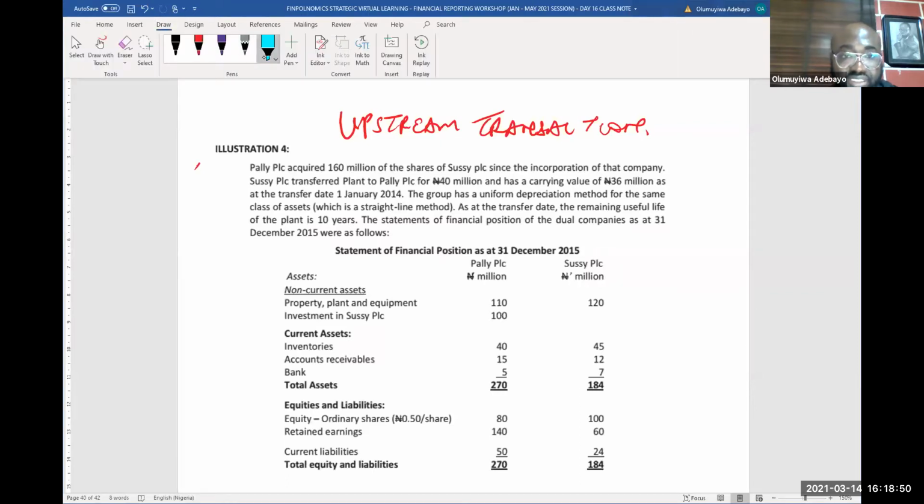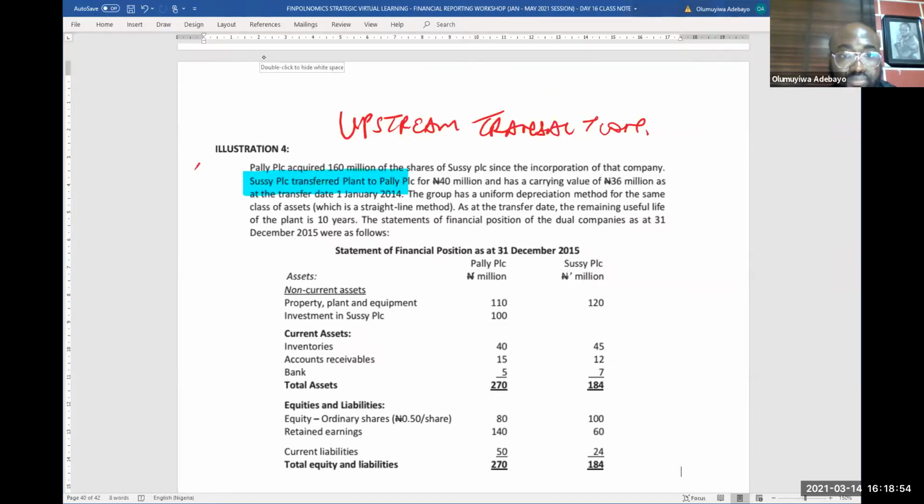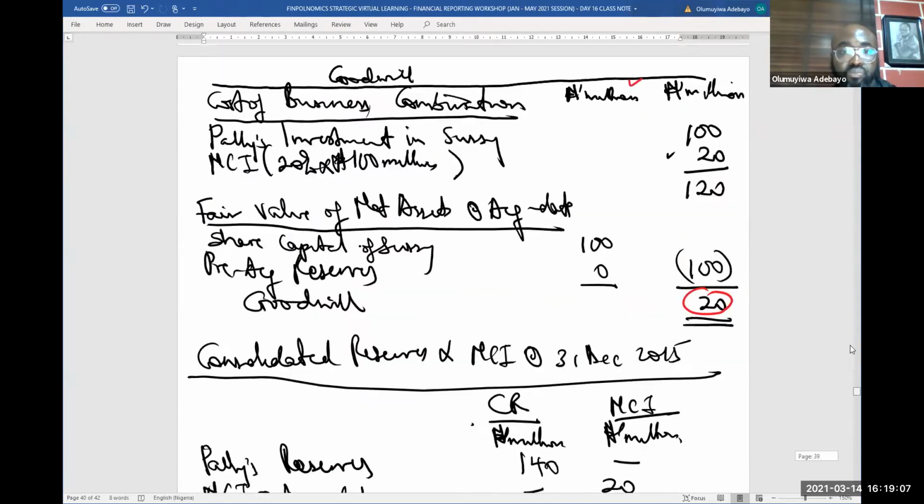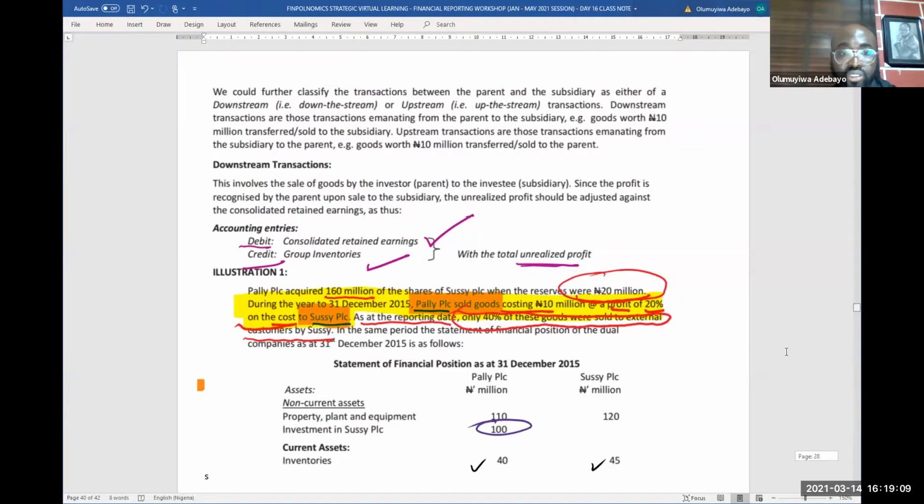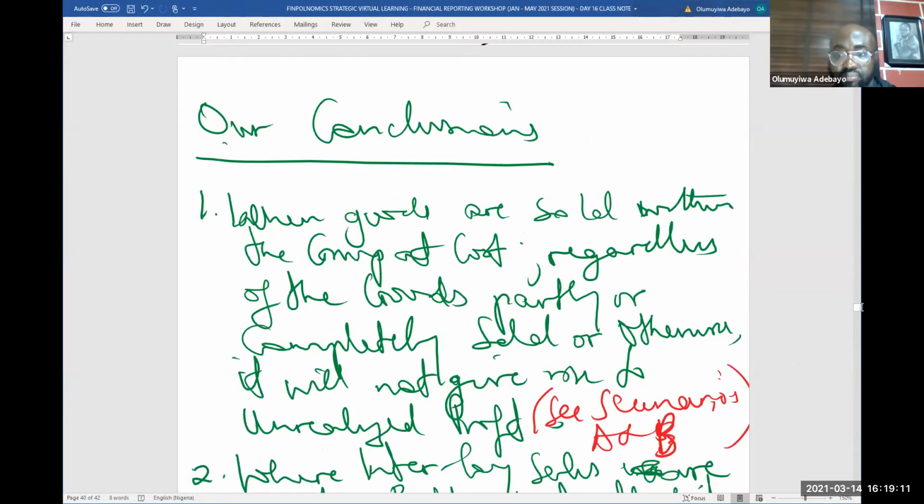The area of difference is Suzy transferred to Pali. That's just the difference. Now, what impact does this have in our books? I'll copy our last solution.